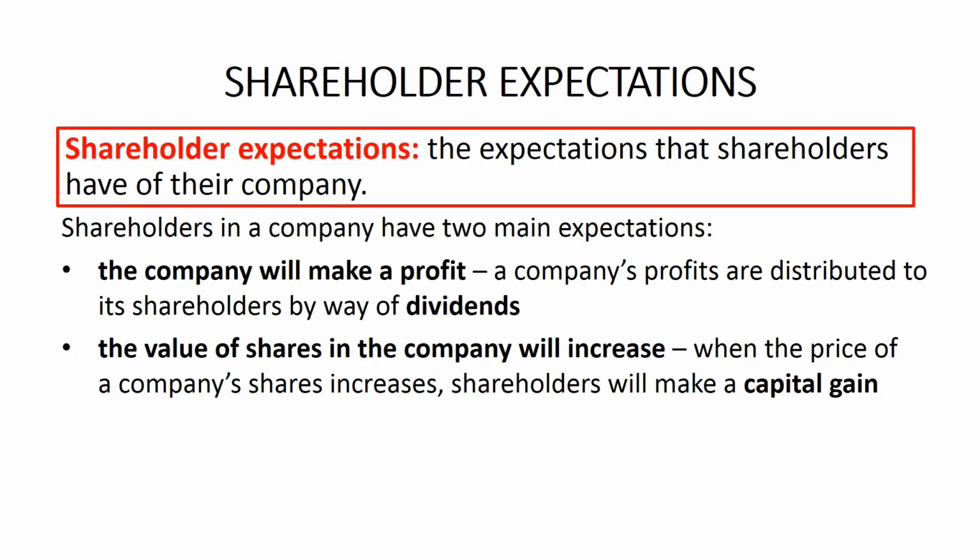And that's important to the shareholder because if the shareholder wants to sell its shares after 3 years, then it wants to make sure that it earns a profit on those shares. That is, the shareholder wants to make a capital gain.